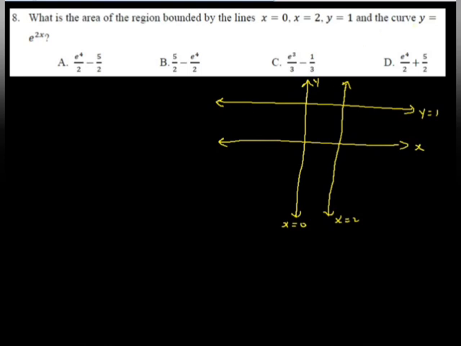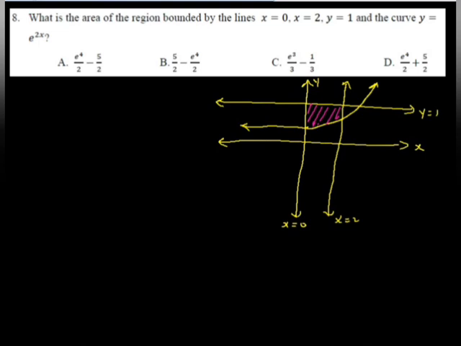So the other thing is y equals e to the power of 2x. It's exponential, it will have this form. We are asked the area of the region between these 4 curves, this region only.